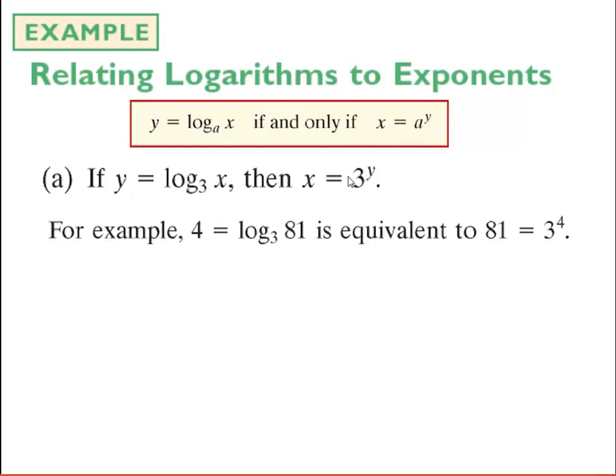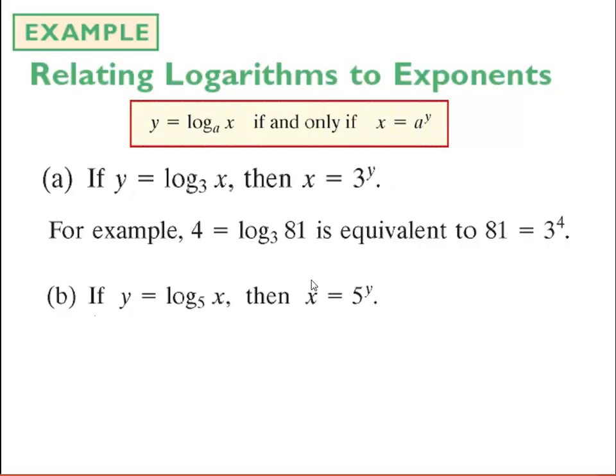Another example: if 4 equals log base 3 of 81, that is equivalent to 3 to the power of 4 equals 81. And we know that that's true; we can take our calculator and compute that value. If we have y equals log base 5 of x, then that's equivalent to 5 to the power of y equals x.